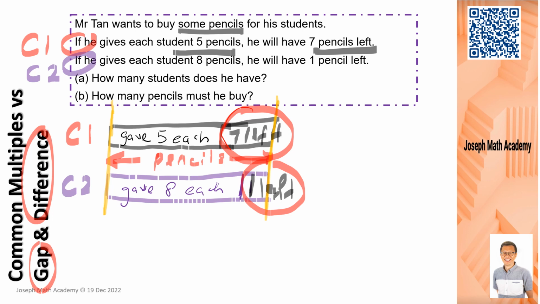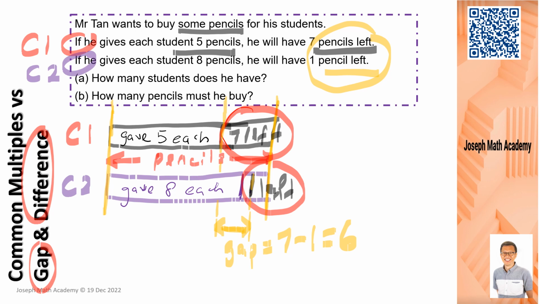For this question, if you follow me closely, if I draw this line down, starting from here, and I draw this line down, this over here is the gap. The gap is between these two pieces of information. So it's 7 minus 1 gives you 6, the difference between them. That we call a gap.